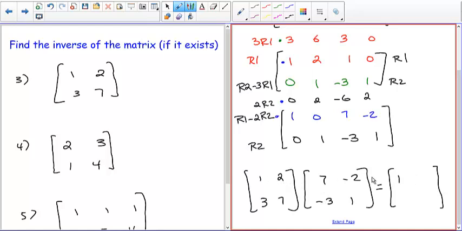This is going to be the second row, second column, first row, second column. So we get 1 times negative 2 and 2 times positive 1. So that goes to 0. Minus 2 plus 2. Here we get 21 minus 21, so 0, plus 21 minus 21. And then we get negative 6 plus 7 is 1. So check.